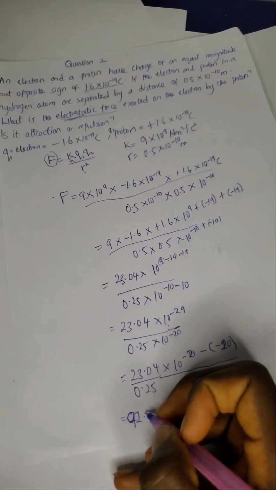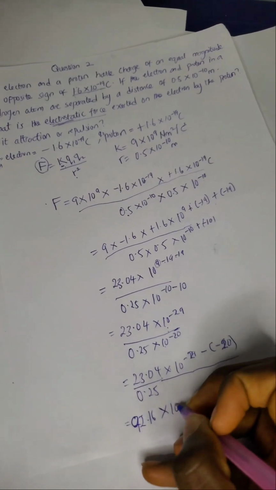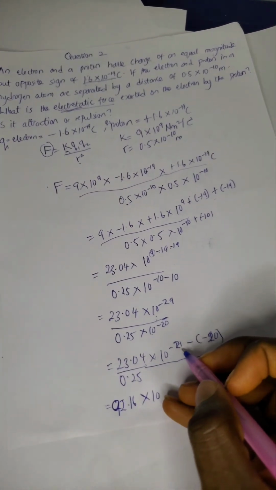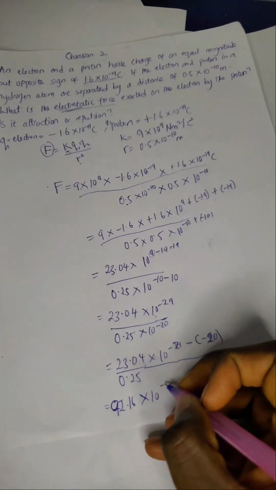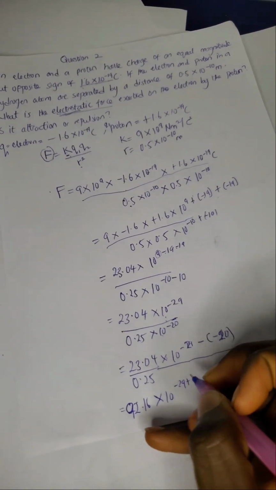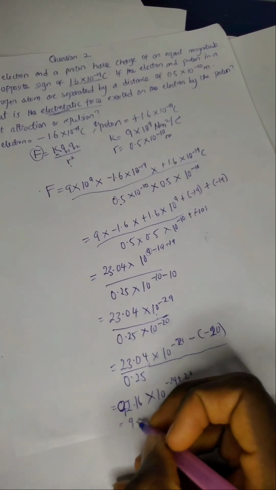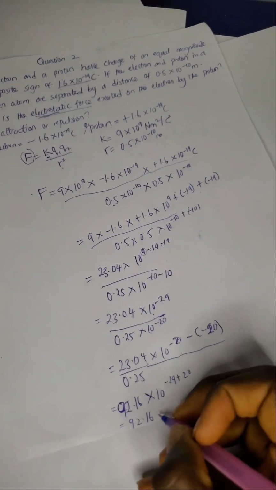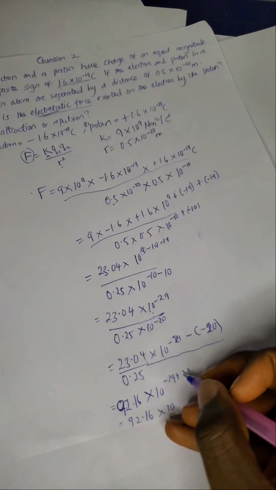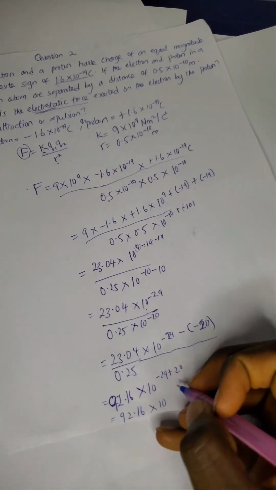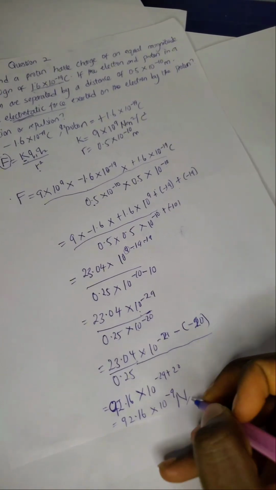And for the power, minus 29 minus minus 20, minus and minus is plus, so it's minus 29 plus 20. So 92.16 times 10 to the power of what? When you are owing 29 and you pay off 20, how much will be left? 9. So this is our answer.